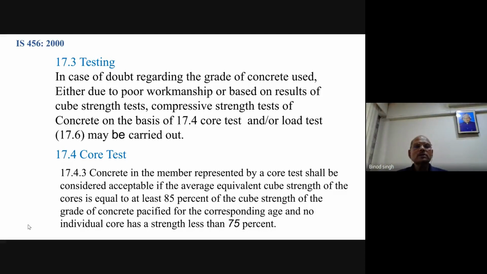So suppose your cube test result has failed, but if it is passing in the core test, then you can accept that. Okay, so that is the meaning of this clause.